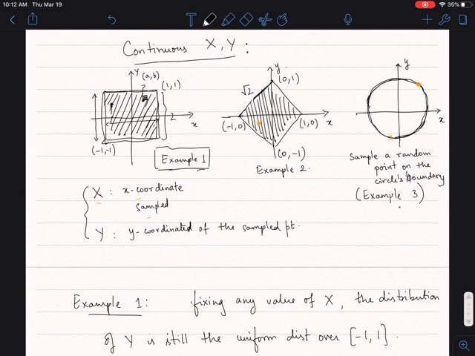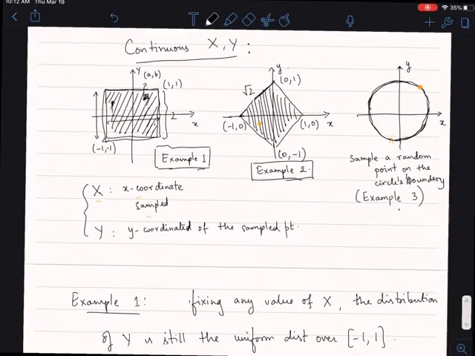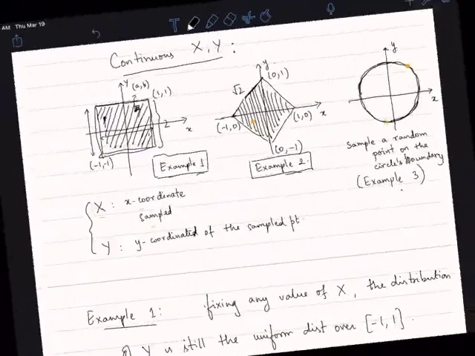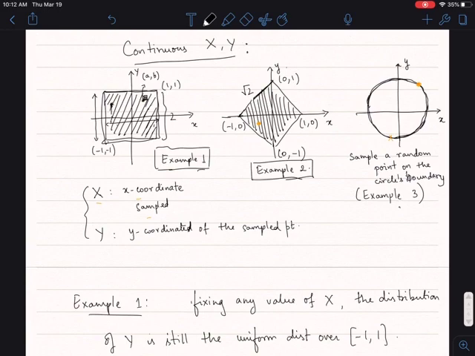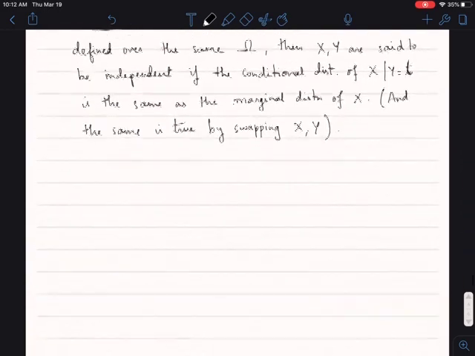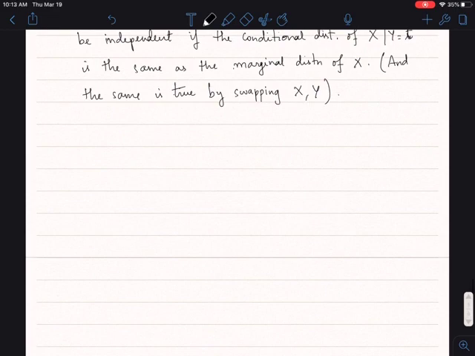Let's look at the second example. Here the random variables don't turn out to be independent. In example 2, a point is sampled from a tilted square.